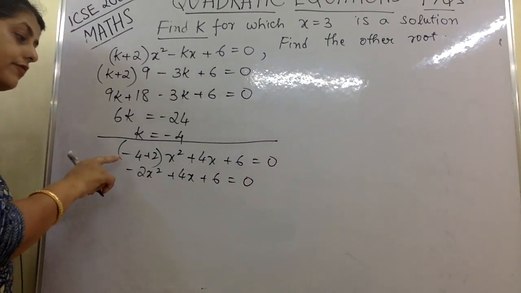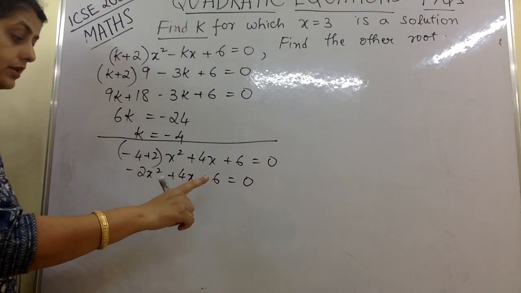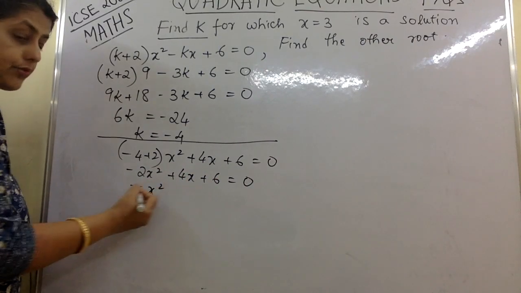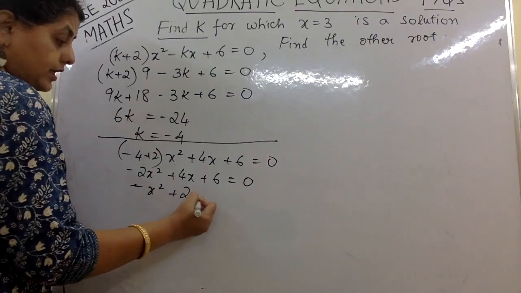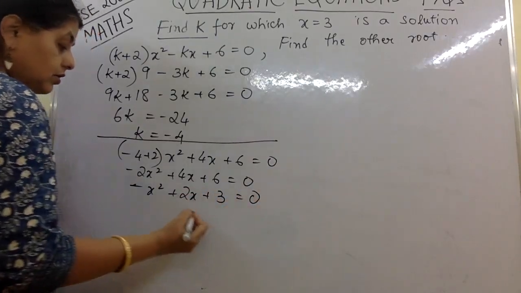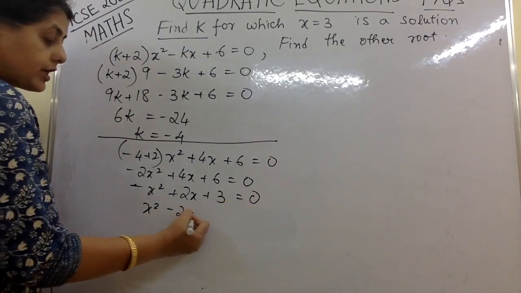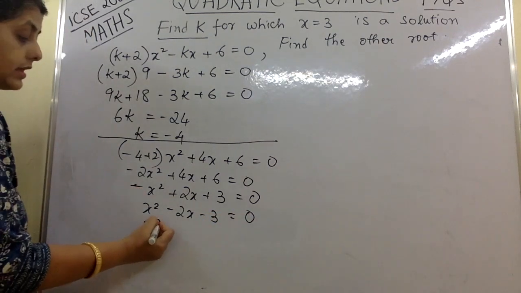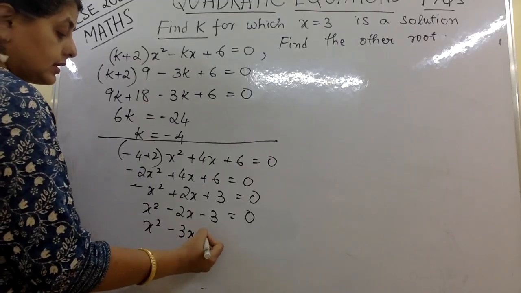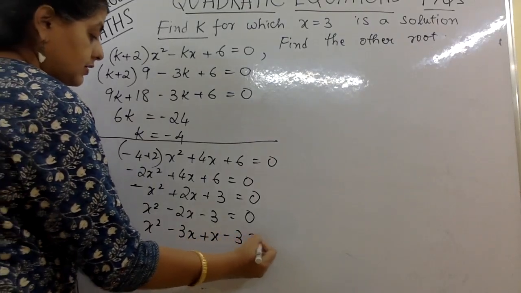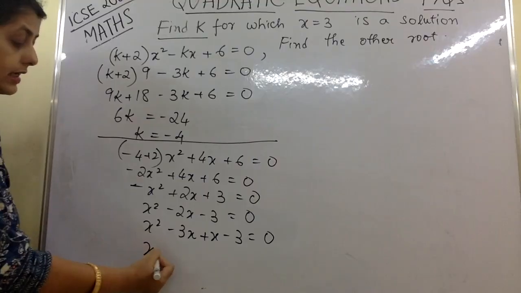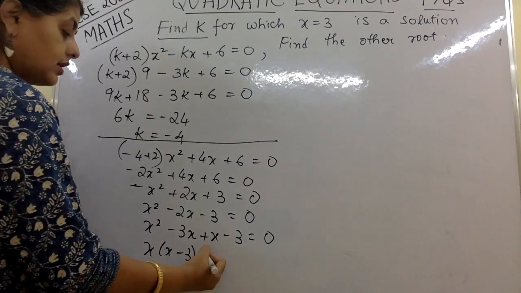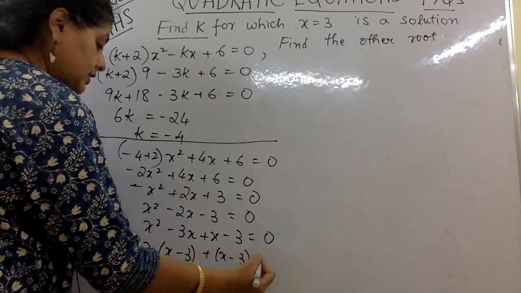So that divided throughout by 2. Now this is an important thing. Minus x square plus 2x plus 3 is equal to 0. So x square minus 2x minus 3 is equal to 0. Okay, so x square minus 3x plus x minus 3 is equal to 0. This is nothing but middle term factorization.